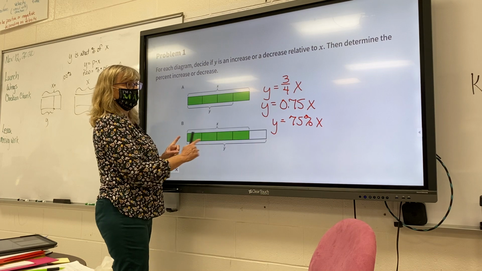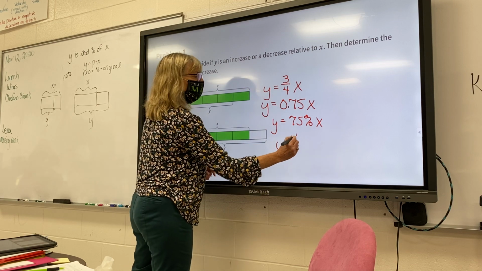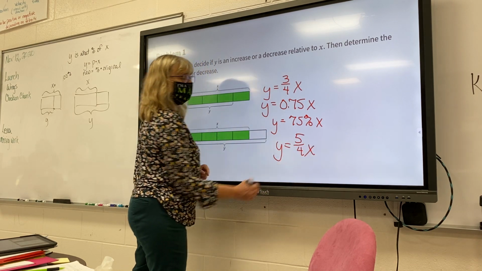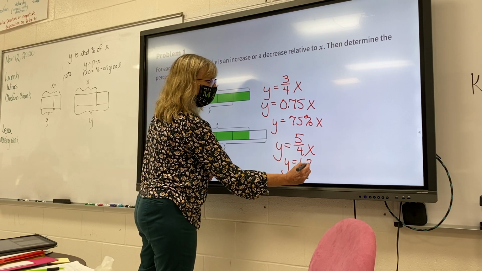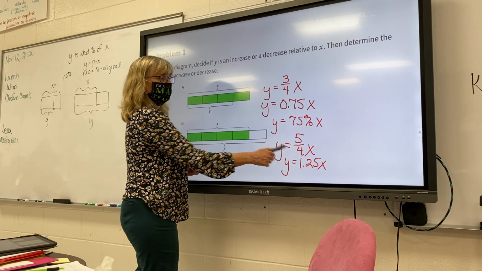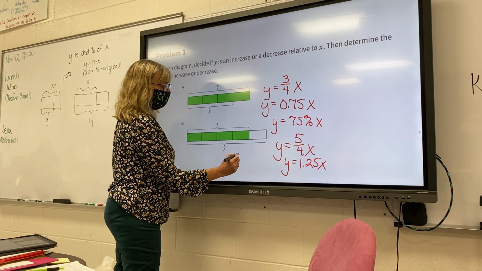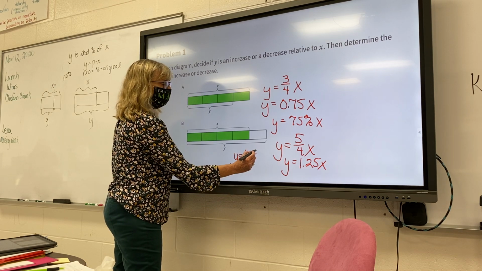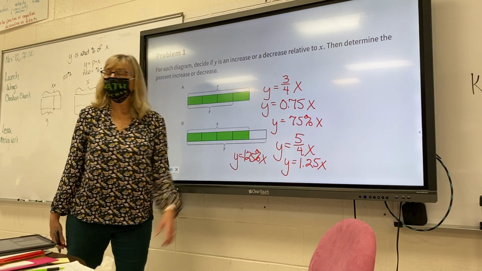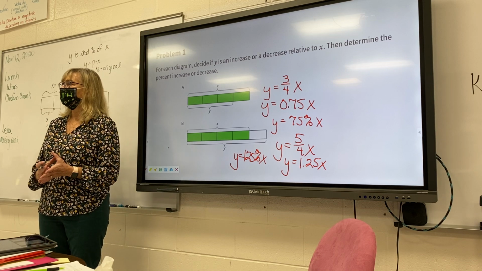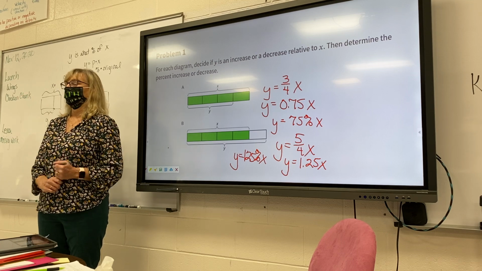So back to where we did fractions, this would be Y equals 1, 2, 3, 4, 5/4 X. To write that as a decimal, Y equals 1.25X, because 5 divided by 4 is 1.25. And as a percentage, this would be Y is 125% of X. These all say the same thing, they're just in different forms. The fraction form, the decimal form, or the percent form.